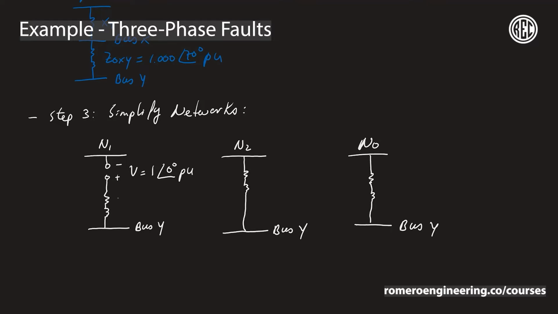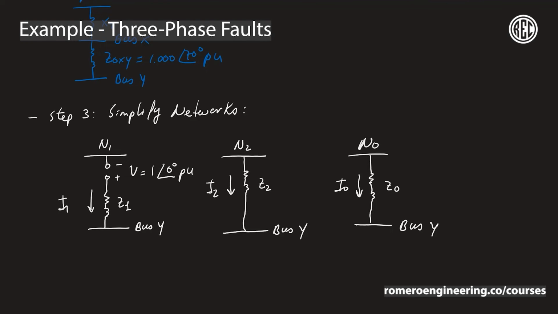This over here is Z1, the positive sequence impedance. This is Z2, the negative sequence impedance. And this is Z0, the zero sequence impedance. The currents that flow through these are I0, I2, and I1.